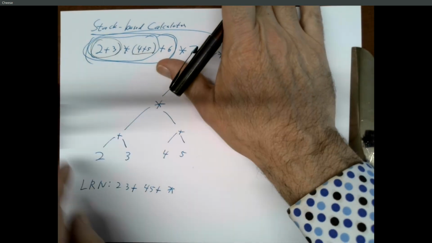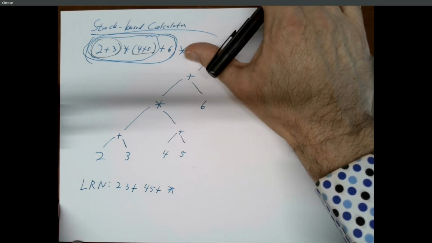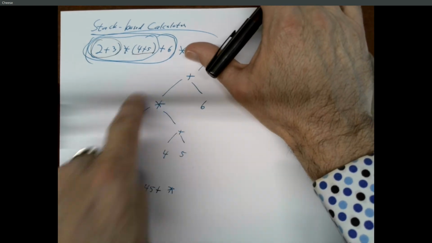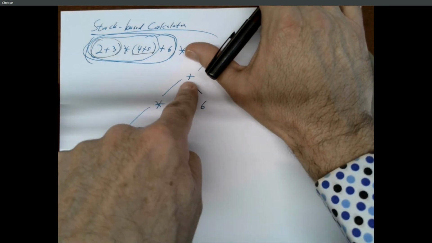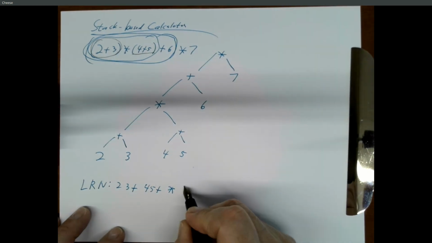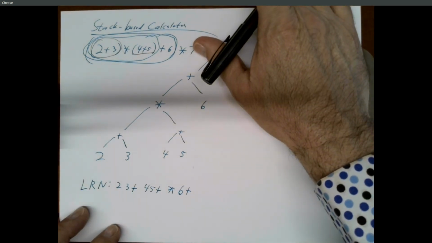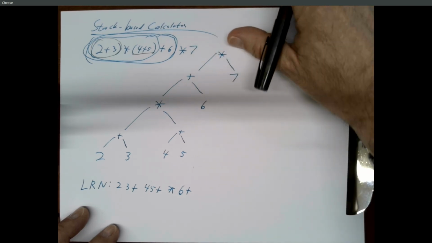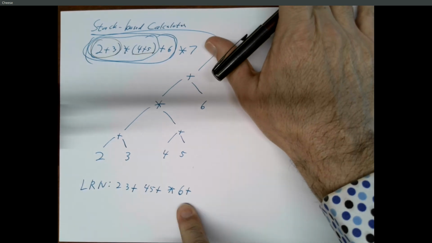Okay, this is the traversal of this subtree. So if I was traversing this original tree with a plus at the top, first traverse the left subtree, that gives me this string. Now traverse the right subtree, gives me a 6, and then the root node is a plus. So that's just traversal of the original left subtree. My goal was to traverse this entire tree. Well, first I traversed the left subtree and I got this string.